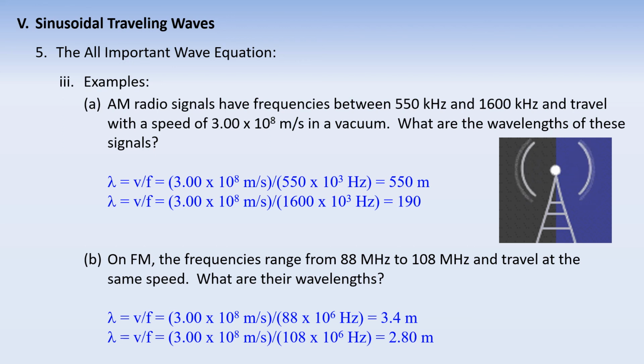Notice that FM signals are typically on the order of a few meters, much shorter wavelength signals than AM radio signals. I'll also point out here that when we talk about AM and FM signals, these are not single waves. These are wave packets that are created. And we will also later on talk about the difference between AM, which stands for amplitude modulation, and FM, which stands for a frequency modulated wave.